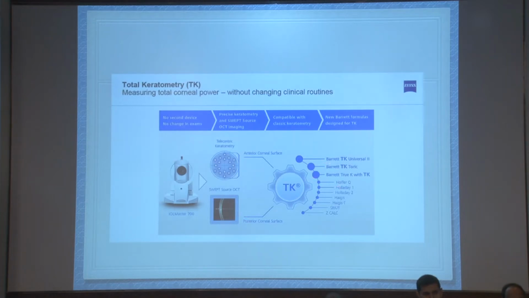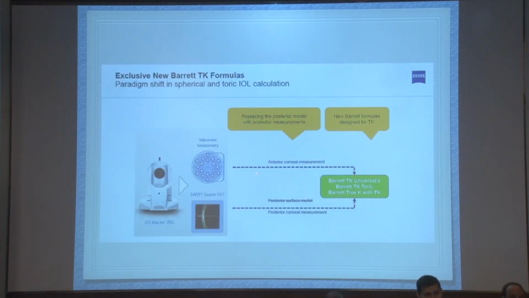It has unique formulas like Barrett TK Universal II, Barrett TK Toric, and Barrett True-K with TK. It gives the total keratometry values, which is very helpful, especially in post-refractive surgery patients.